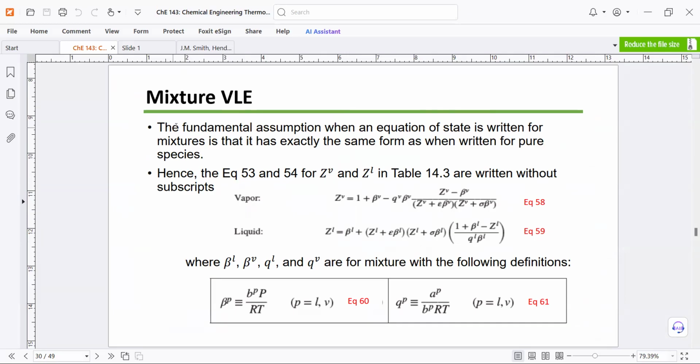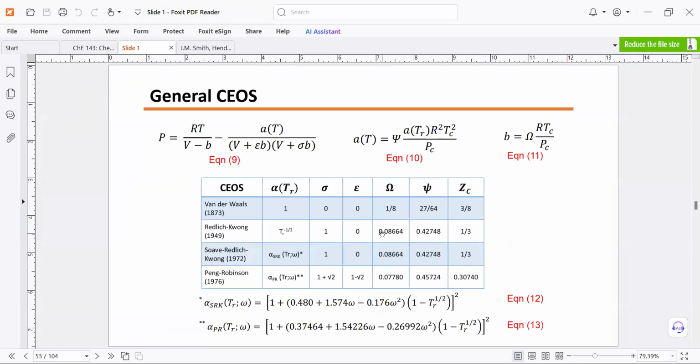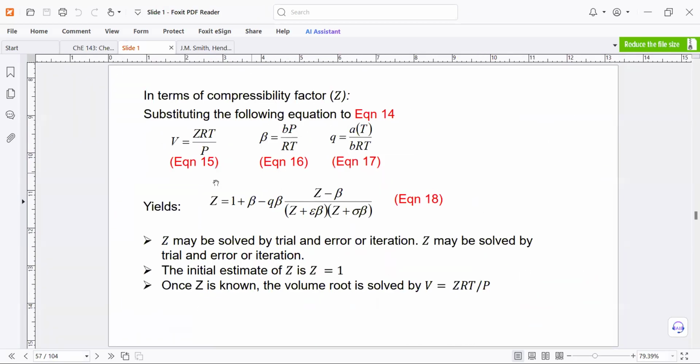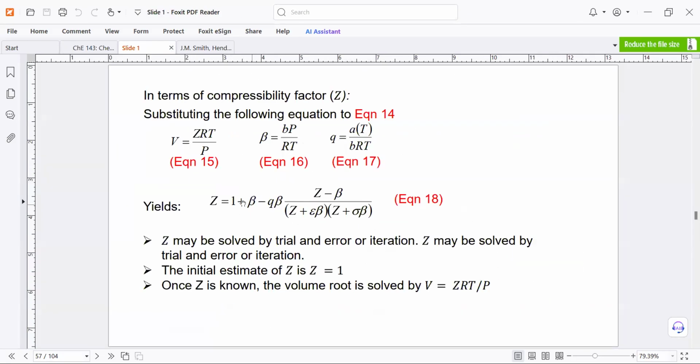So the fundamental assumption when we use the equation of state for VLE is that we can write the equations in exactly the same form as when we write them for pure species. Notice that these are actually just the same equation as in Che 142 right here. They are the same form, no difference.